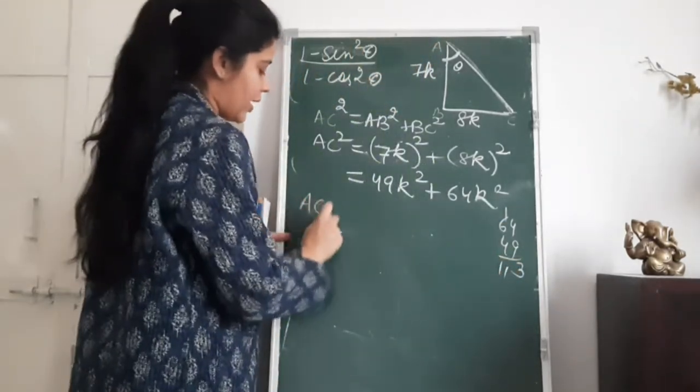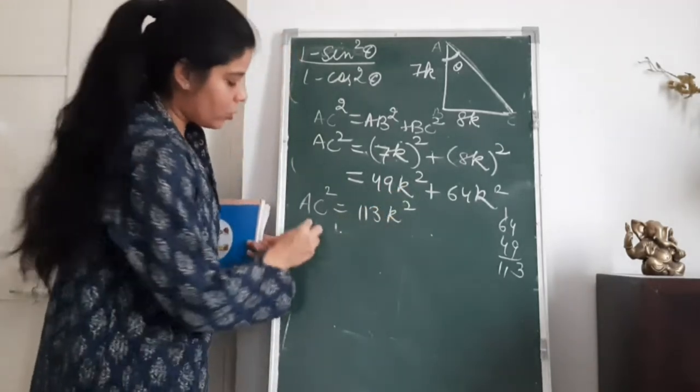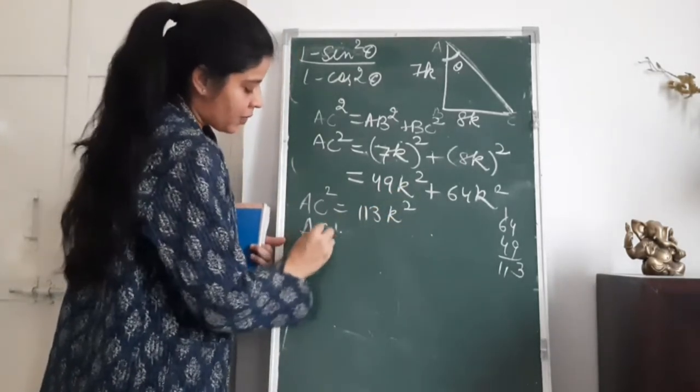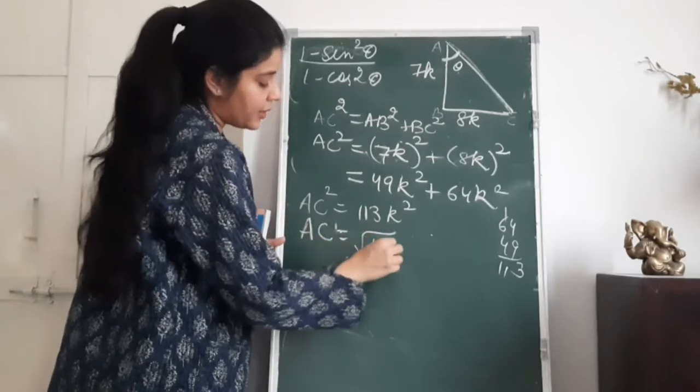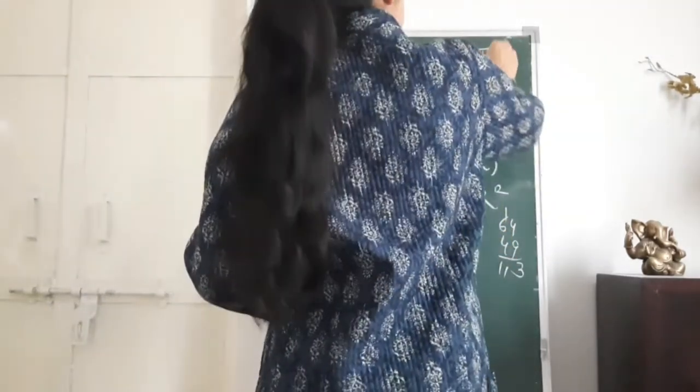So AC square is equal to 113k square. Taking square root on both the sides, I get AC as root of 113k. Very important, AC is equal to root of 113k.